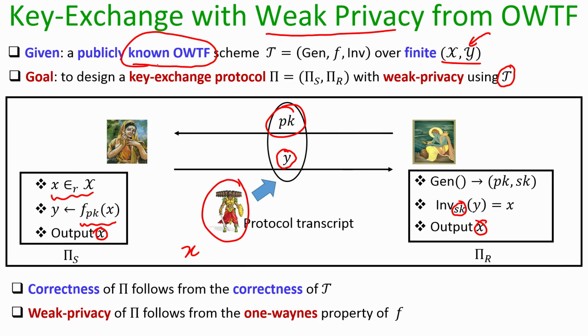So, only with negligible probability could this polytime eavesdropper come up with the correct x, otherwise x will not be known to the adversary, and that ensures that this key exchange protocol gives you the notion of weak privacy.